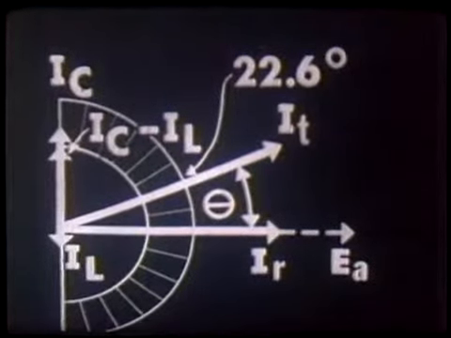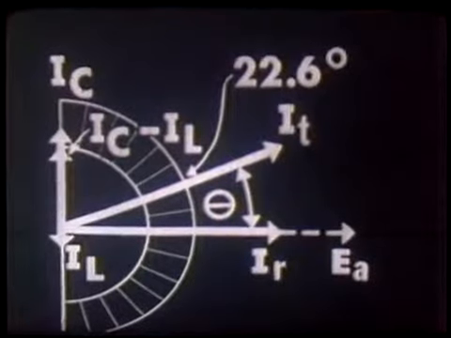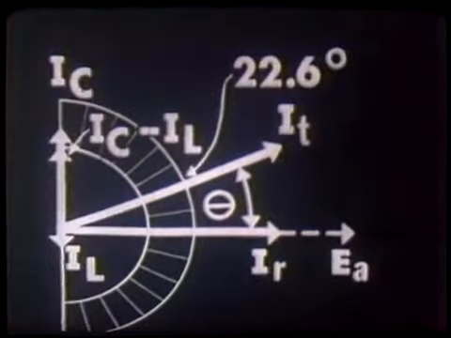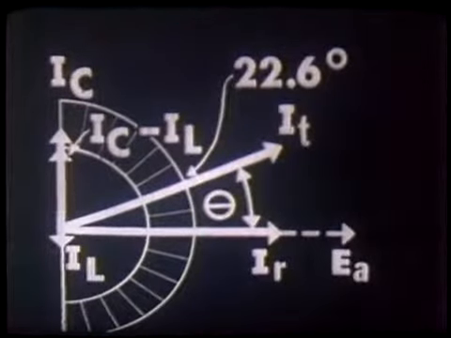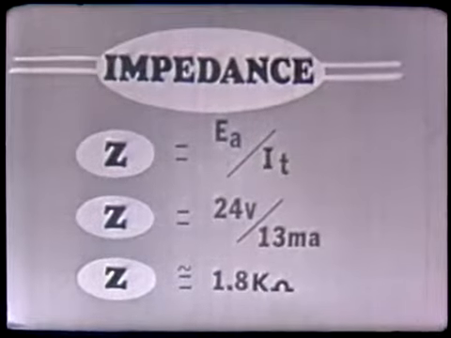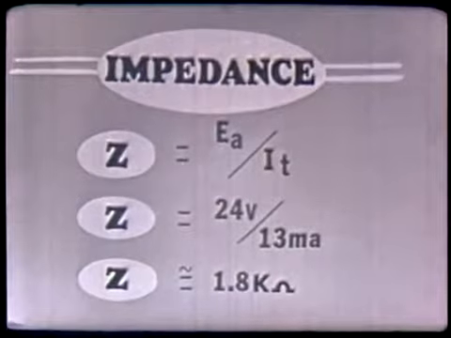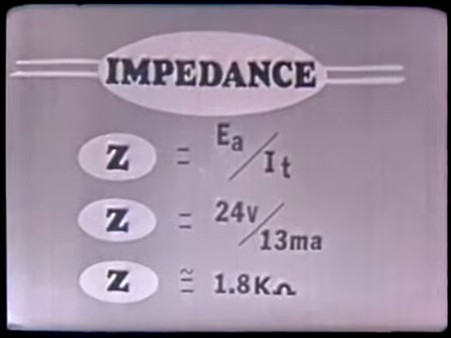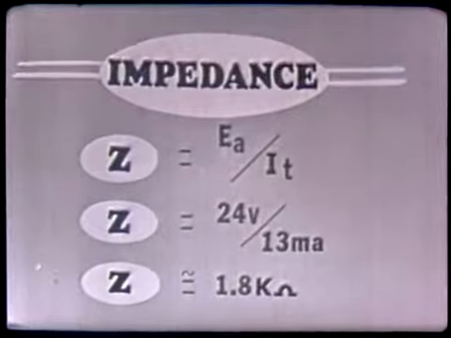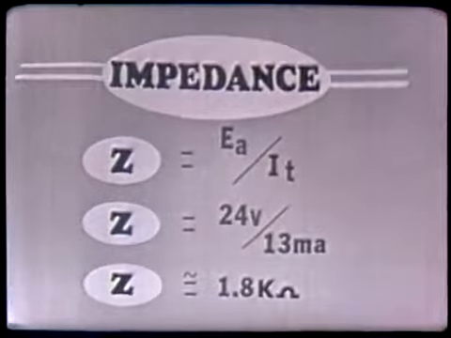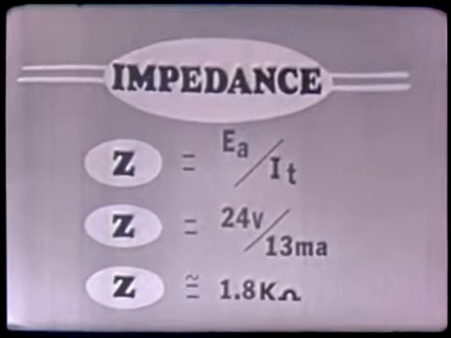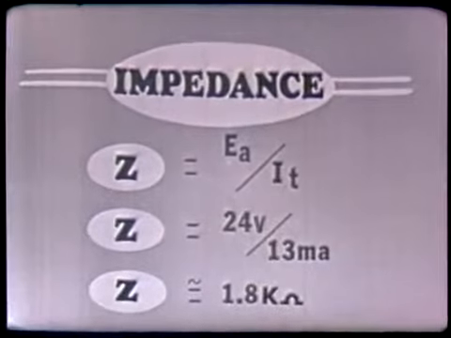Now that we have calculated graphically our total current to be 13 milliamperes and the phase angle to be 22.6 degrees, let's go one step further and find the impedance of our circuit. Once again, we can use Ohm's law. Substituting into the formula, note that the impedance is equal to approximately 1.8 kΩ.